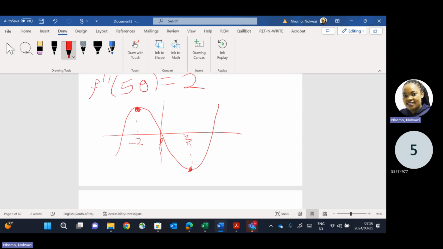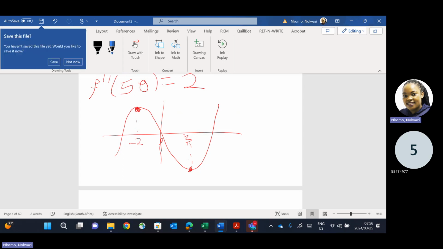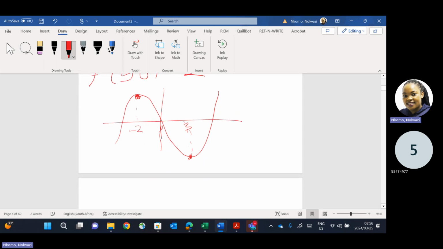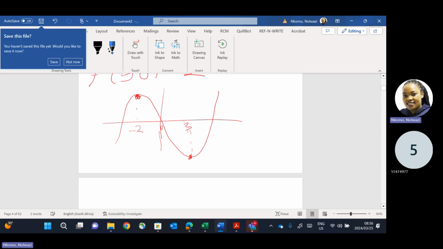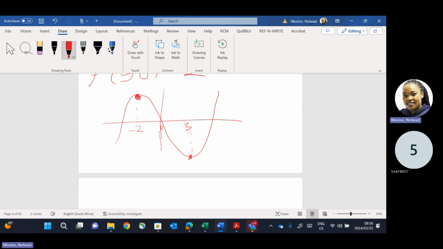If they said determine the interval where this function is increasing and where this function is decreasing, you see from here to here it's decreasing. So this function is decreasing between -2 and 3.